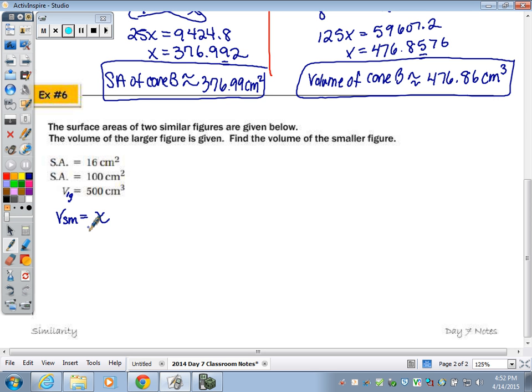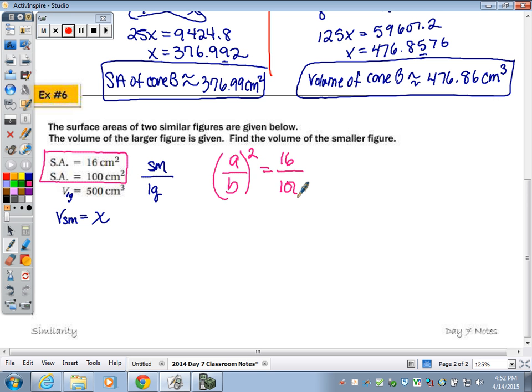Okay. So in each, I'm just going to compare the smaller figure to the larger figure. And if I start with what's given, my ratio of my surface areas, from that ratio, I can find the ratio of my corresponding sides. So A over B squared equals 16 over 100.